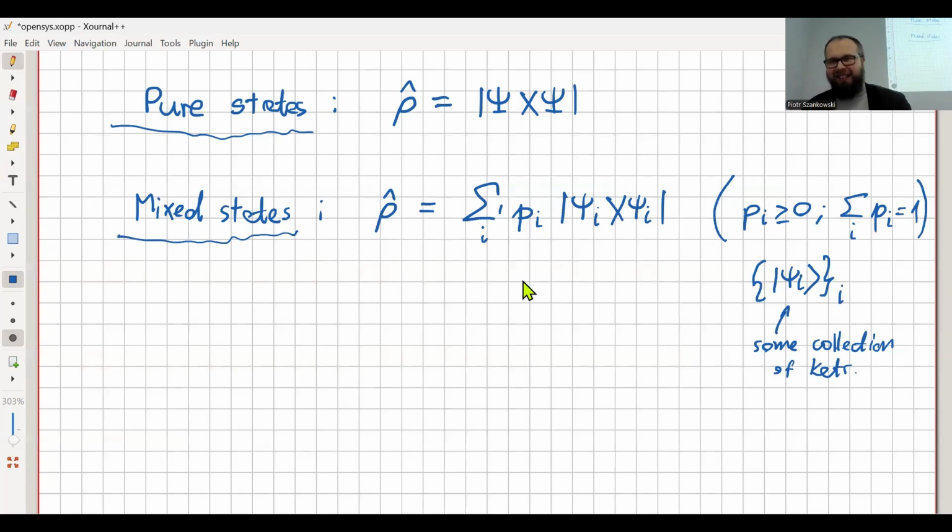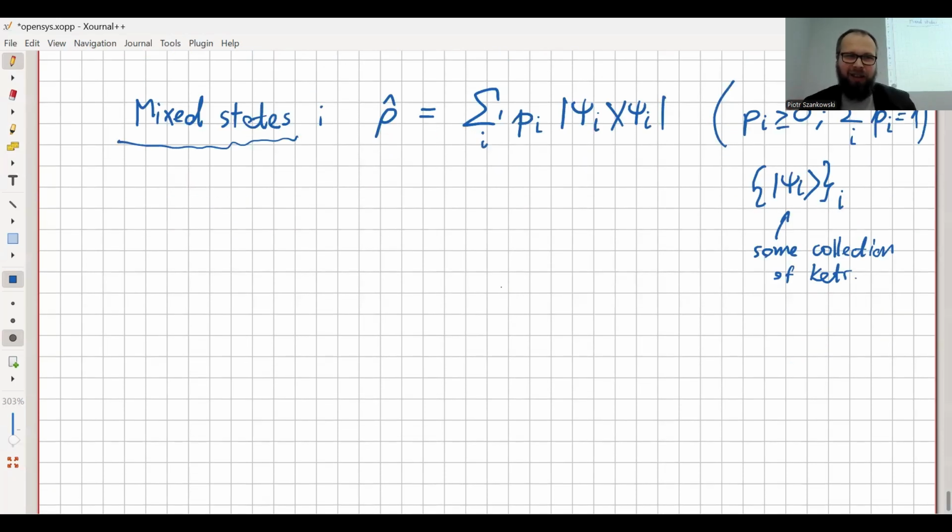And it states that any mixed state has an infinite number of representations as convex combinations of projectors, which in human language, by human language I mean in scripts. So if you have your rho, you can write it like this, right?